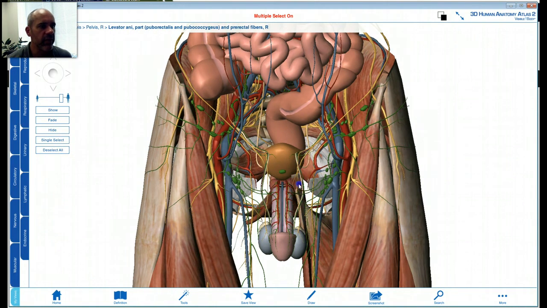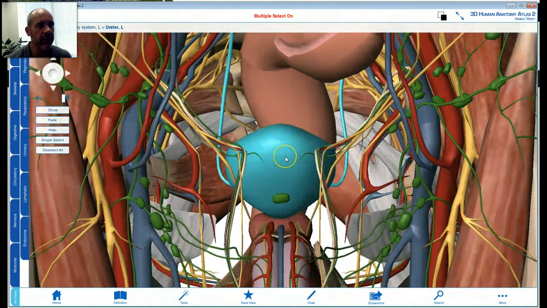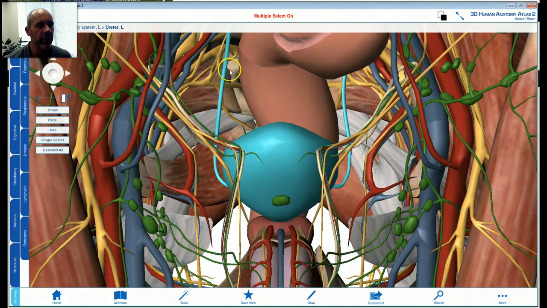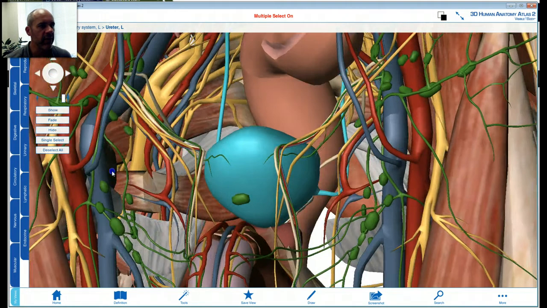All right, so we've stripped away a lot of structures there. So there's the bladder in a male. And then right there and right there, I'll zoom in. That's your left and your right ureter, and those of course extend up to the kidneys, just like in a female.